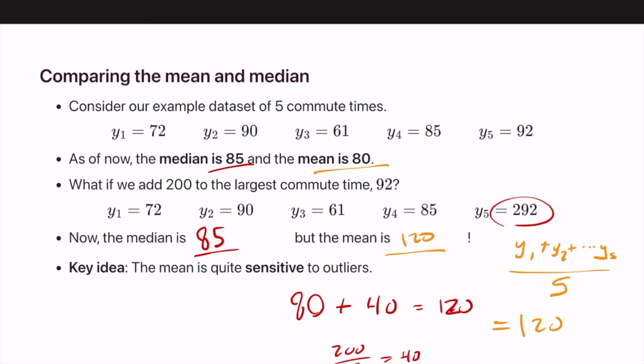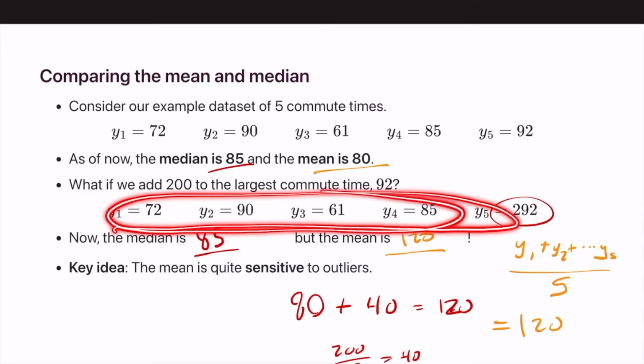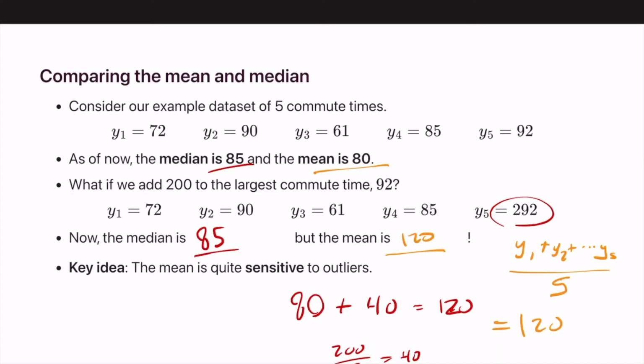So it's not that this value of 40 is important for anything, but conceptually what I want you to understand is that by introducing such a large outlier, increasing this by 200, it's essentially like we've increased the total average by 40 across all these data points. That is what is happening, because the mean is 120, which is much more than the median of 85.